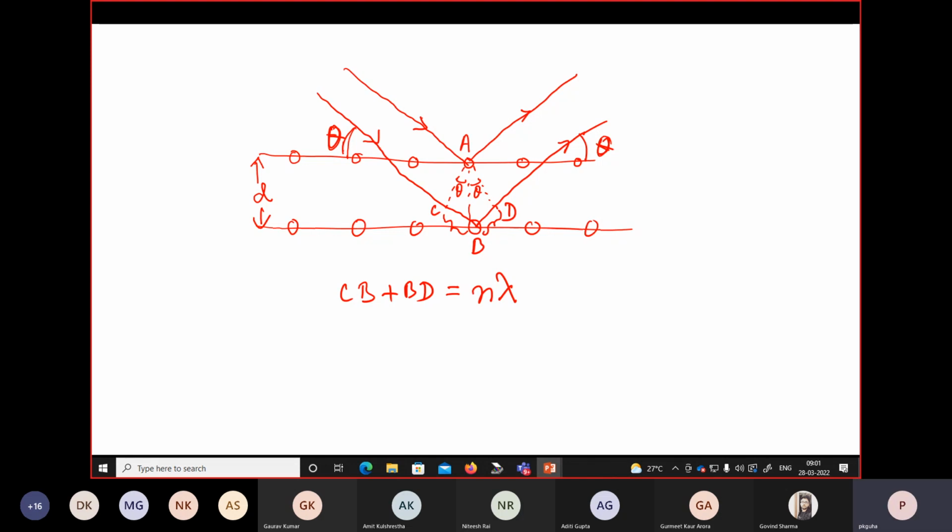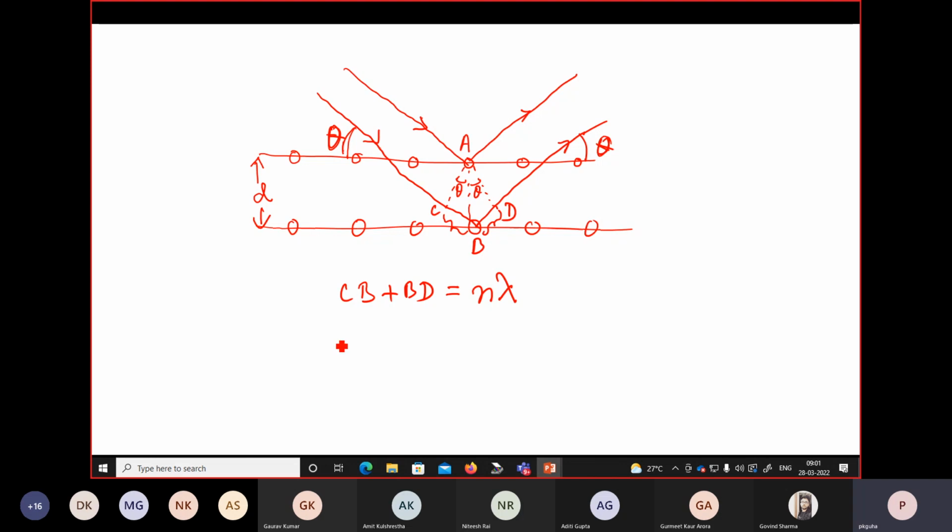The extra distance CB plus BD must be an integral multiple n of wavelength lambda for the phases of the two beams to be the same, and if the phases are the same, they form constructive interference.